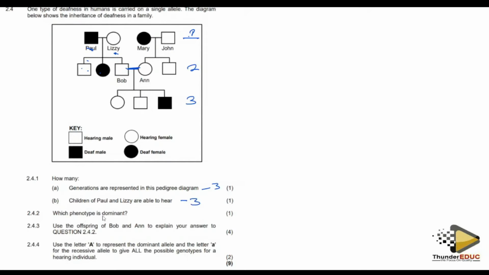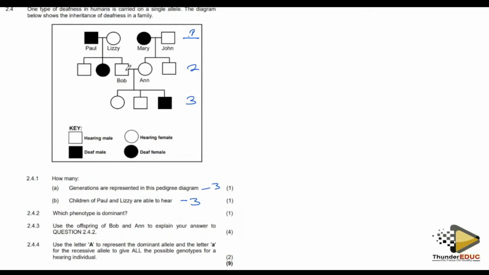Then they're saying which phenotype is dominant? Based on this, you have deafness and a person who can hear, deaf and hearing. Since they didn't show you which is dominant and which is recessive, you have to look at two parents and their kids, and see which one leads to the other. If you look at this and this, this will not show you because we don't know whether it's heterozygous, or even this one will not show you, but this one can show you.